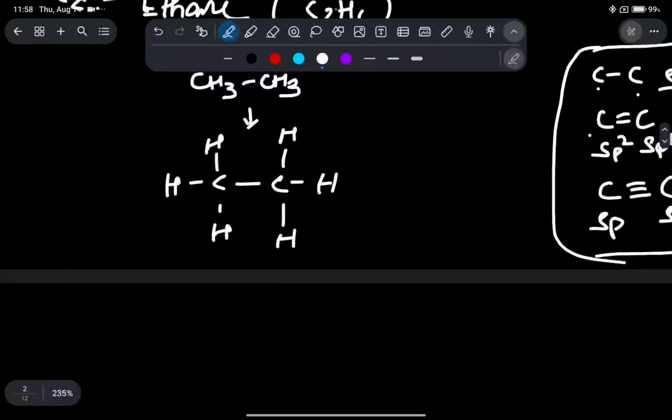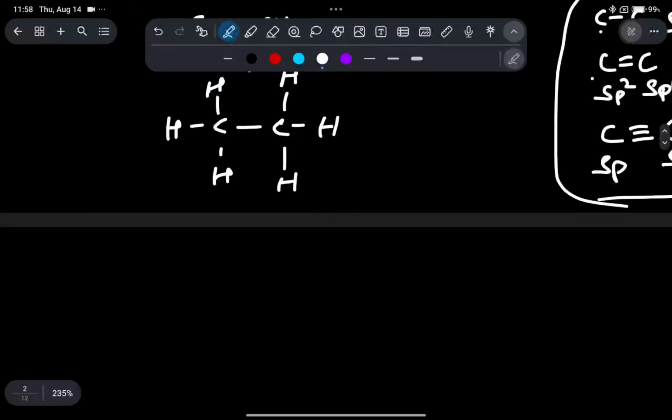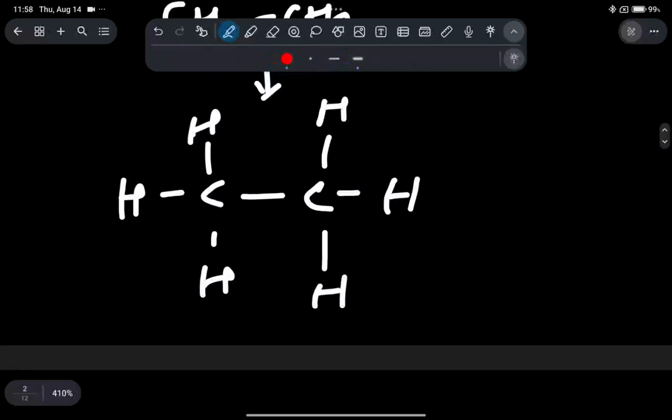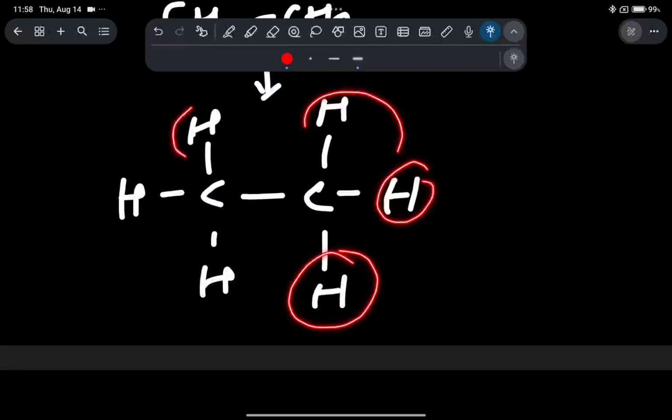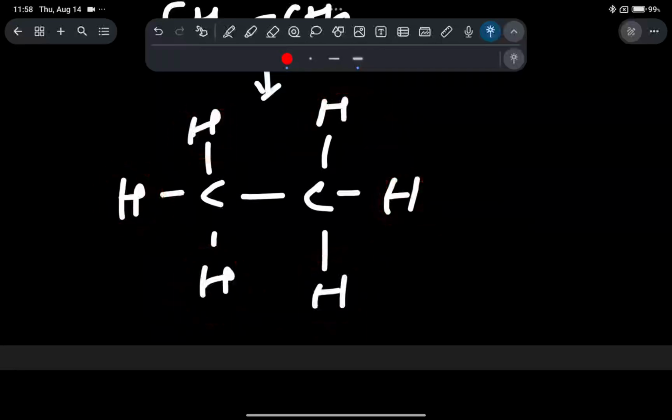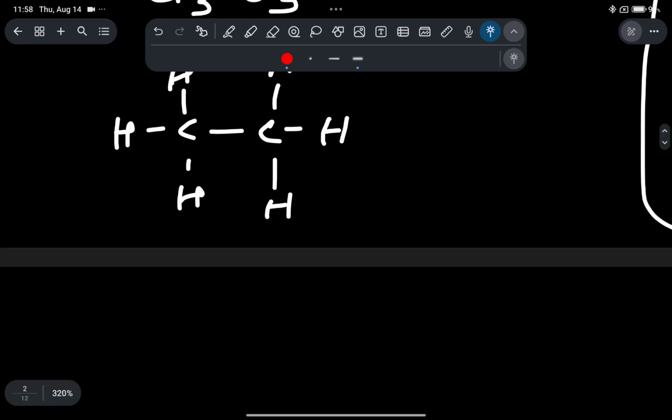So for example, we'll continue the example. Here, if you see the carbon, I'm not considering the H's. I'm only seeing carbon and carbon. The carbon has only a single bond. Single bond means, as we said, it's sp3.